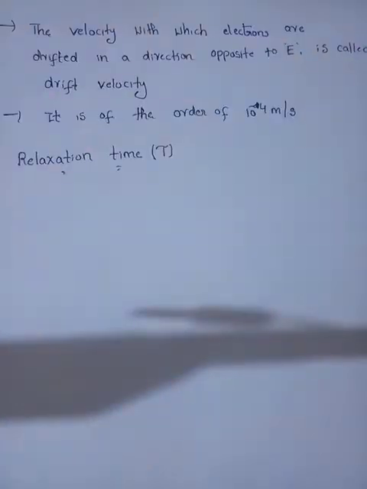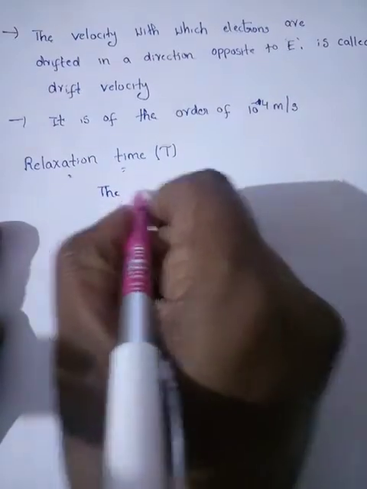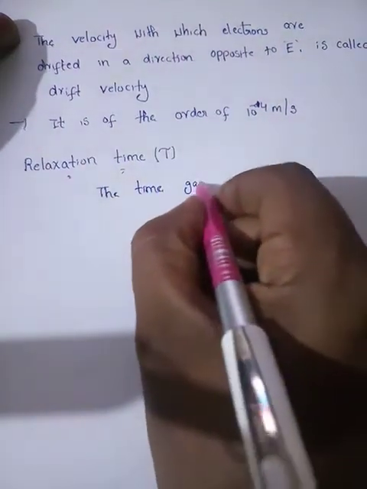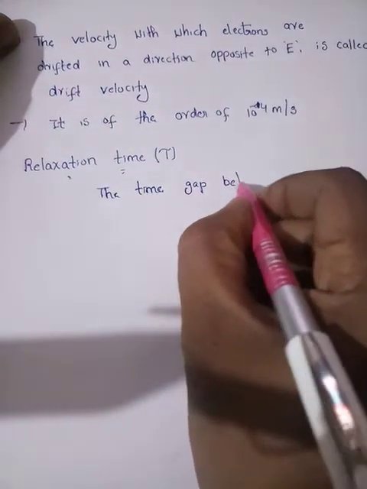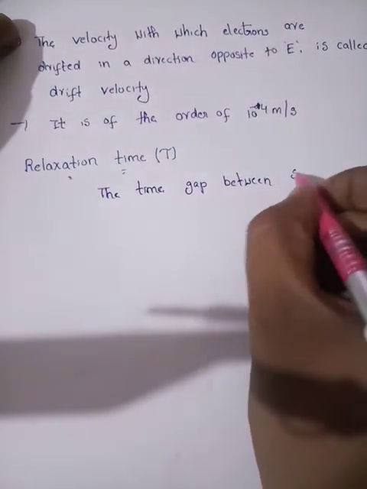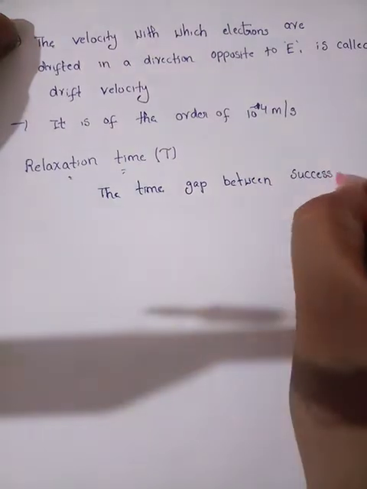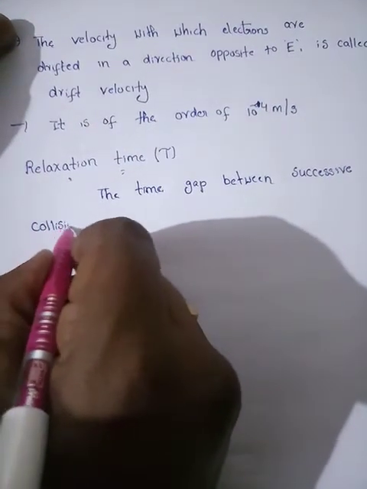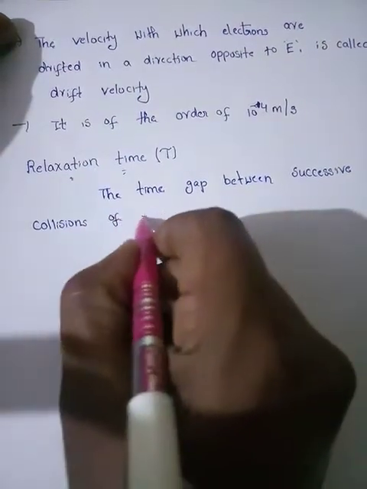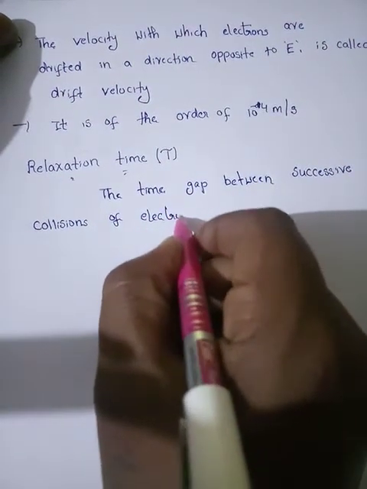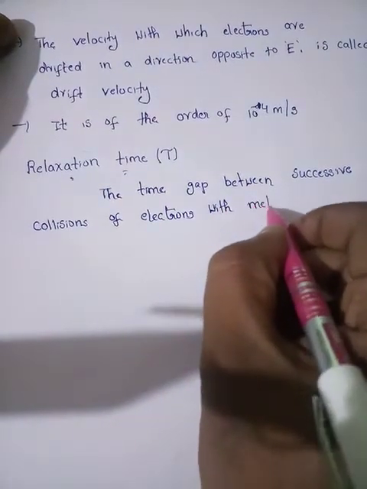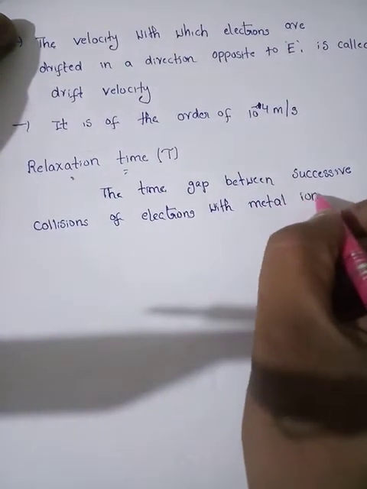So that time gap is called what? Relaxation time. So here we are defining the relaxation time as the time gap between successive collisions of electrons with metal ions.